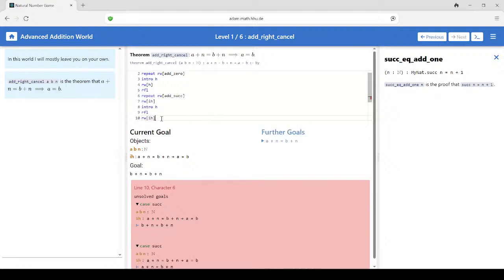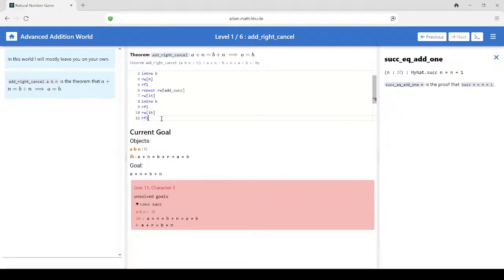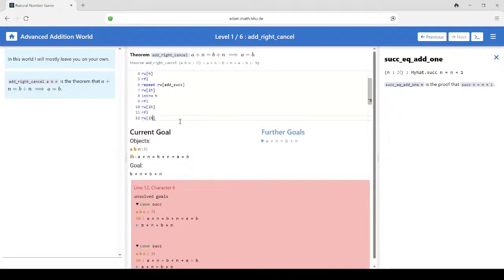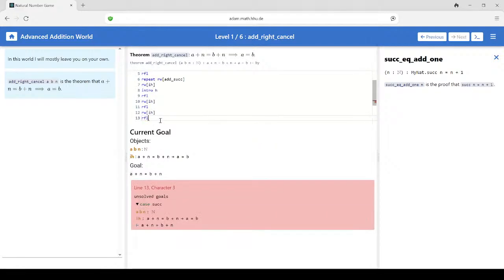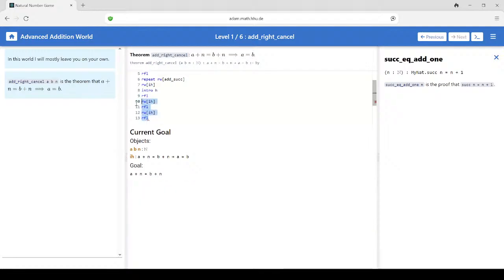There we go. Now, are we done? Wait. What's happening? What's happening? B plus N equals B plus N. It just keeps swapping.